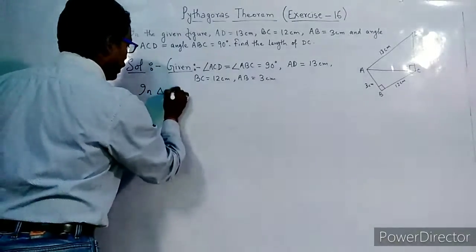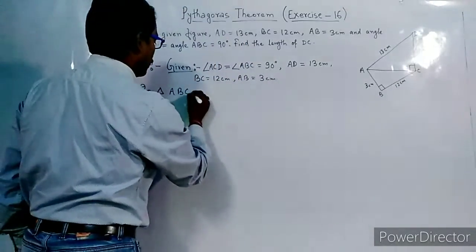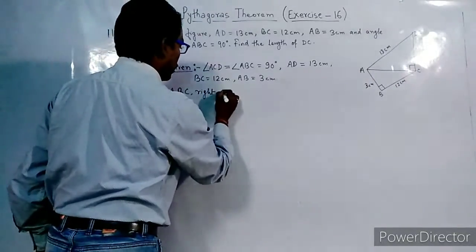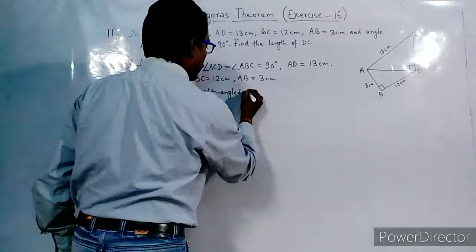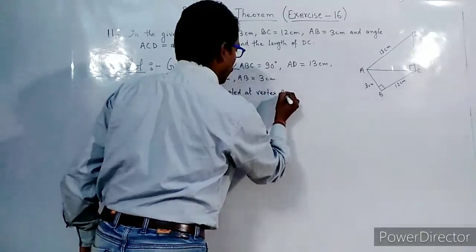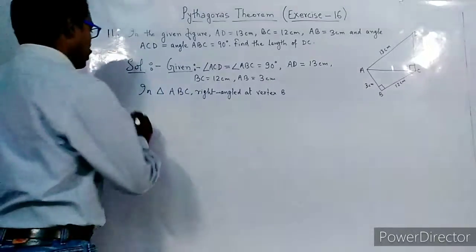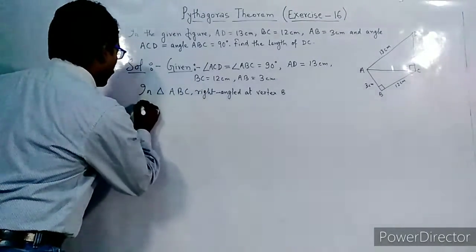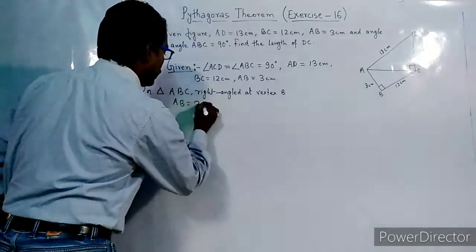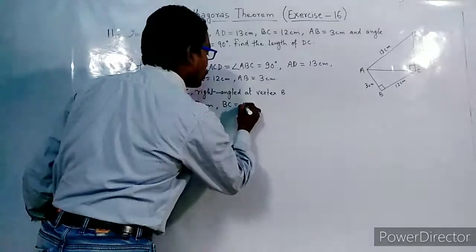In triangle ABC, B is the right angle, right angle at vertex B. Now here AB equal to 3 centimeter and BC equal to 12 centimeter is given.